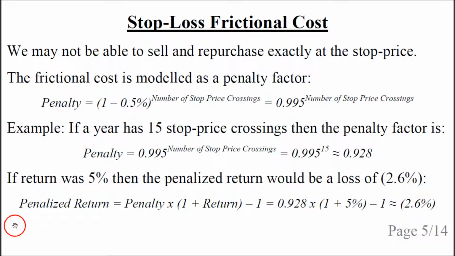So if the return without the penalty is 5%, then the penalized return would be a loss of 2.6%, calculated with this formula here. This is because every time that the stop price is crossed, there is a penalty of 0.5%, and for 15 stop price crossings, the compounded penalty is quite a lot. So it is very important that we can sell and buy very close to the stop price.